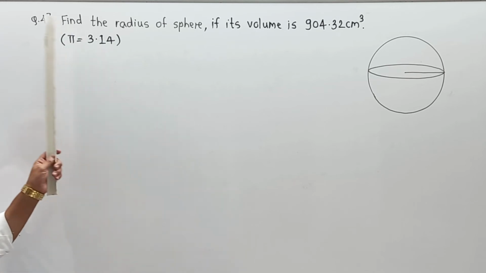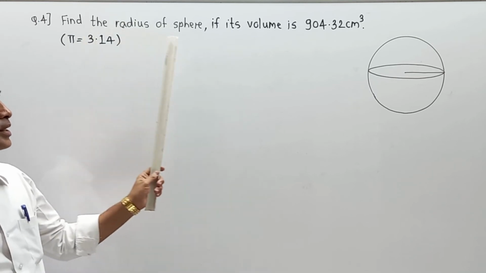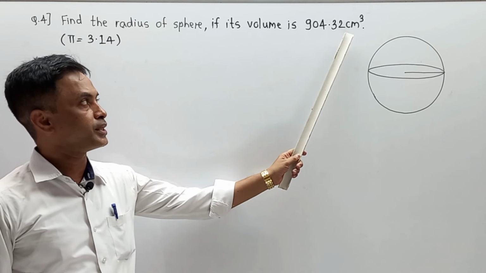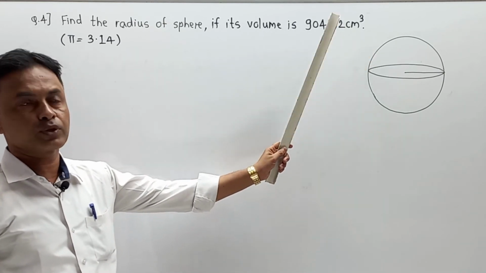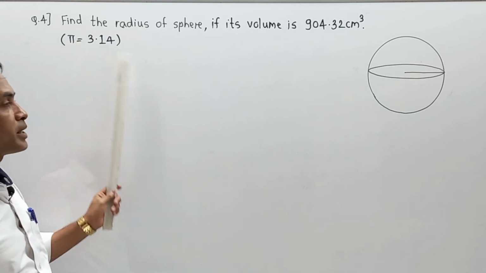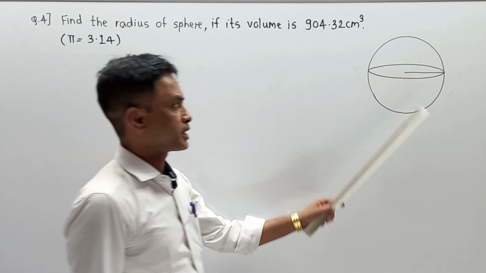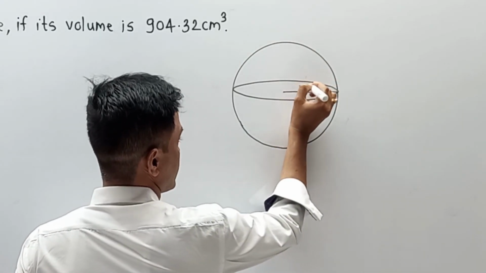Now, moving to question number 4, and the part is, find the radius of a sphere. Find the radius of a sphere if its volume is 904.32 cubic centimeter, and value of pi is 3.14. Means, if we are going to consider this diagram, this is a sphere and we are supposed to find its radius.